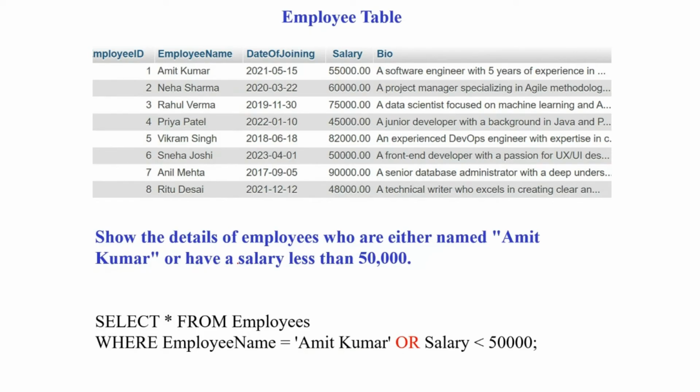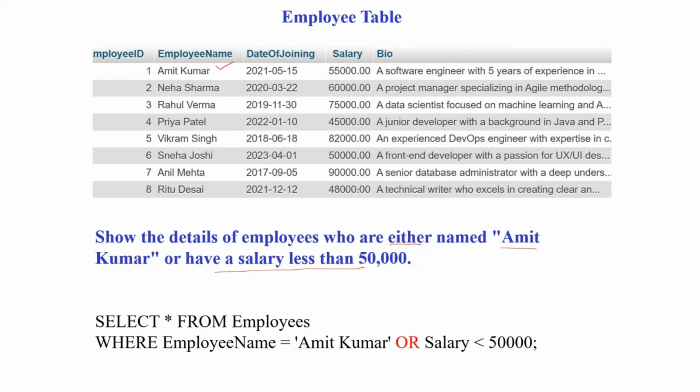Now, in this query, we need to show the employees who are either, so that means just one condition is sufficient. Either the name is Amit Kumar or have a salary less than 50,000. So first condition is we are looking for Amit Kumar. There is only one Amit, so this we have selected. Finally, Amit Kumar is selected. Now less than 50,000.